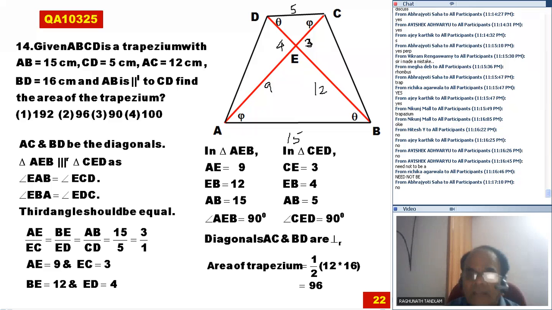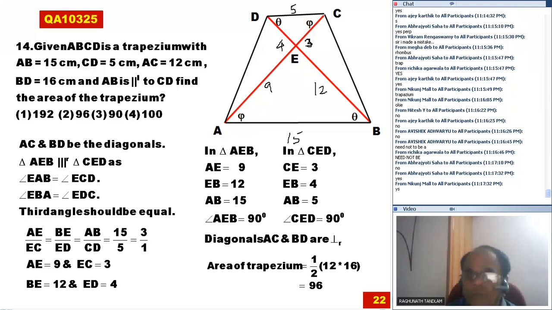I gave this because in a data sufficiency question, if the area is given as half of D1 D2, let's not assume it's a rhombus. It can even be a trapezium, or a quadrilateral where diagonals are perpendicular. Possible or not? That's the reason why I wanted this question to be done.